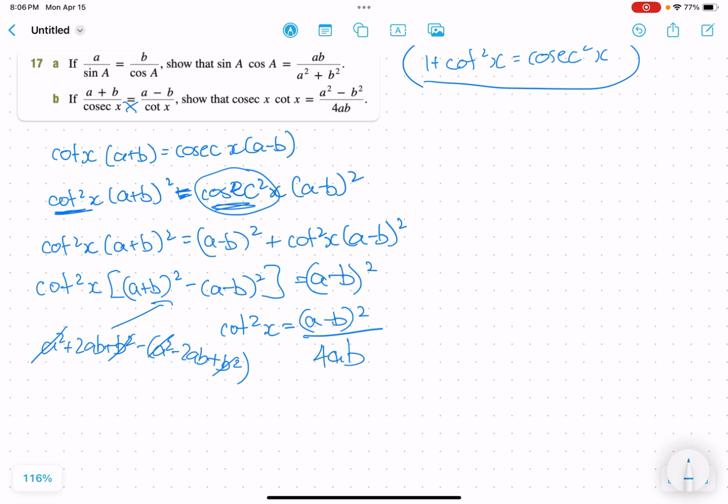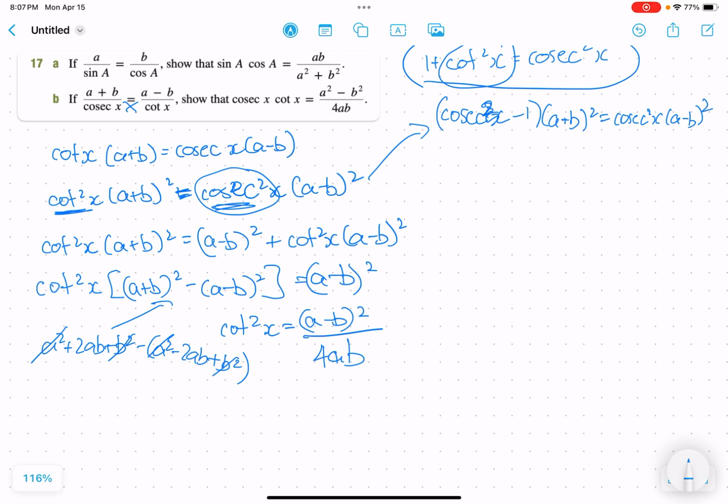Now if I do exactly the same thing from here, but get cosec instead of cot, wherever I see cot squared, I'm going to do cosec squared minus 1. So I'm just rearranging that: cosec squared x, take away 1, of a plus b squared is equal to cosec squared x of a minus b squared.